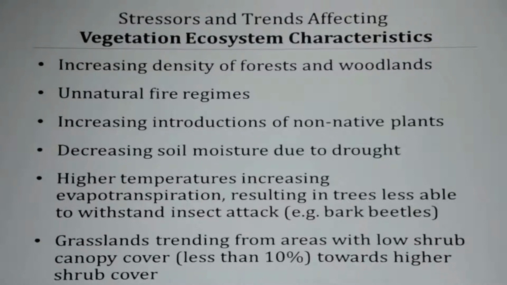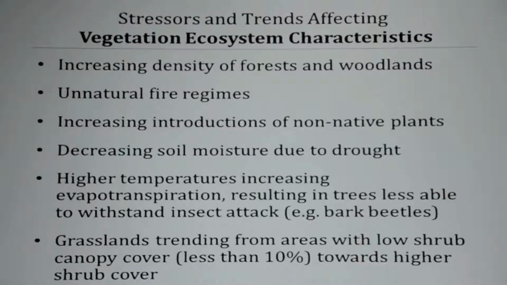Vegetation ecological characteristics are impacted by stressors: things such as increasing density of forests and woodlands, because we don't burn, or traditionally haven't burned like it did naturally. Now we're reaping the results of that with the dense fuels that generate the fires that we have.